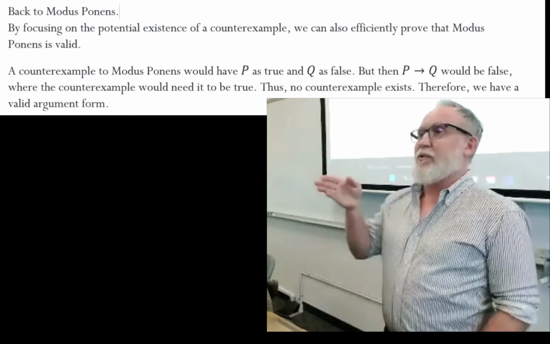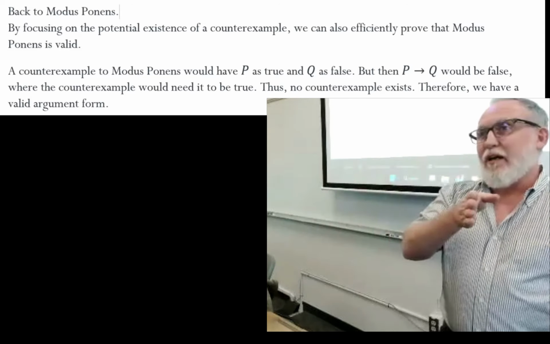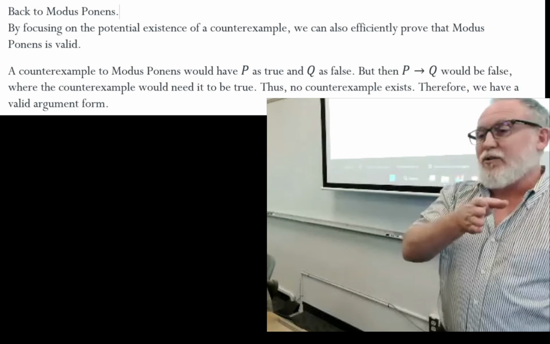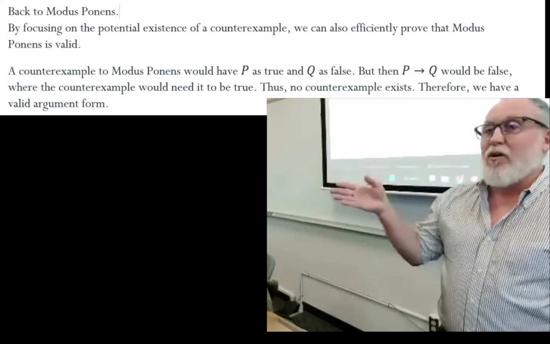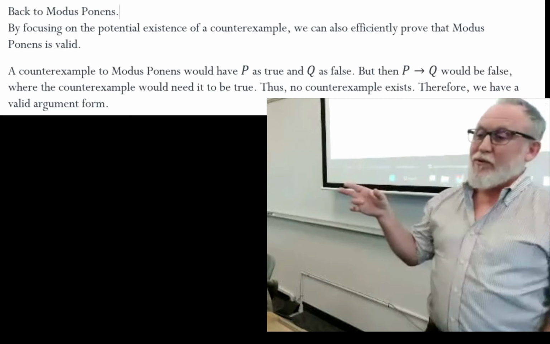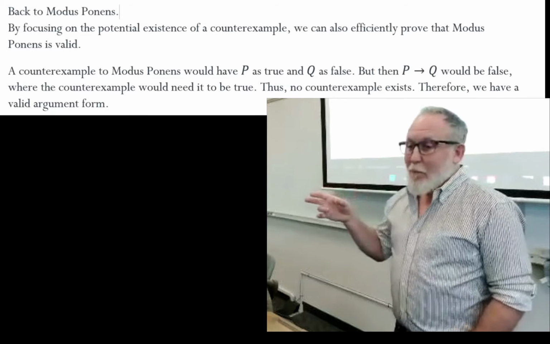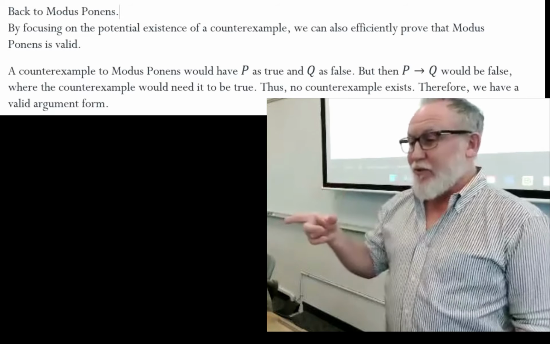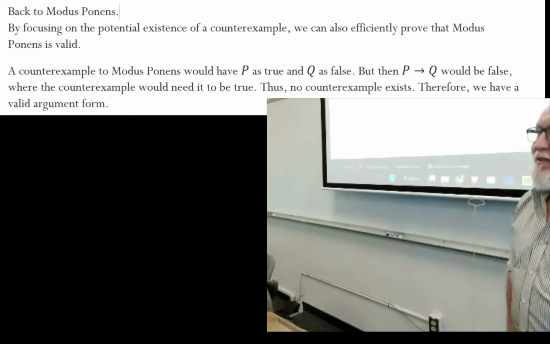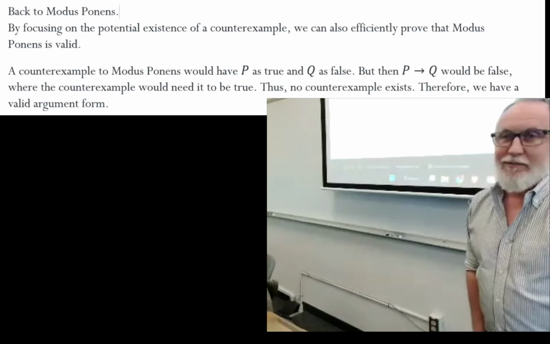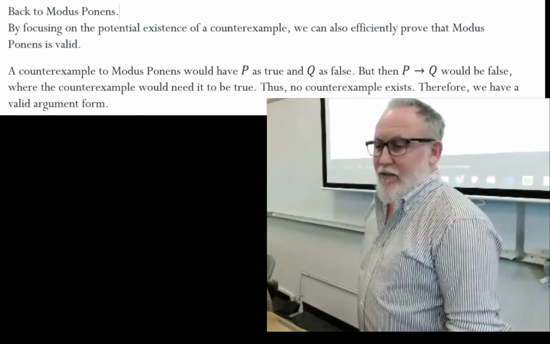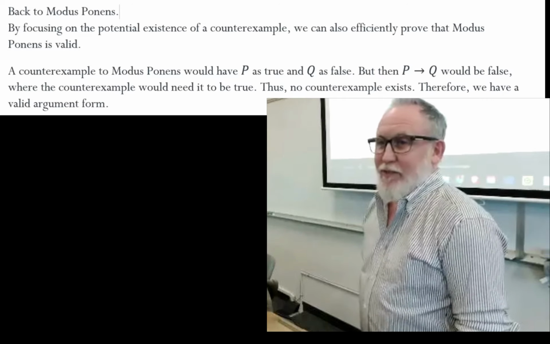The second premise would be true, but the conclusion would be false. And the counterexample would also have to have P only if Q being true. But if P is true and Q is false, that's precisely the case in which P only if Q is false in the truth table in chapter 1. So no counterexample exists. Done.